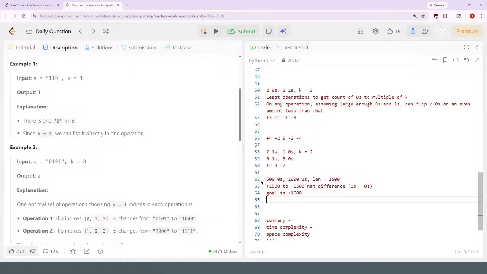Right? Aiming for them all to be ones. Zero net difference just means that there's equal amounts, so there's 750 zeros, 750 ones.